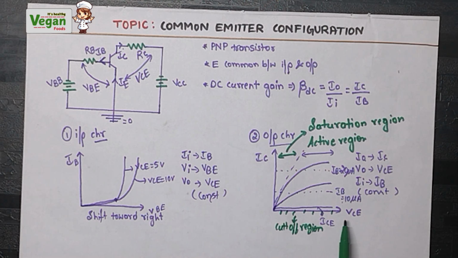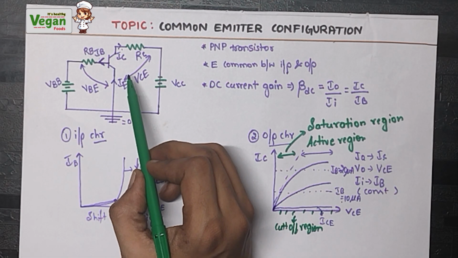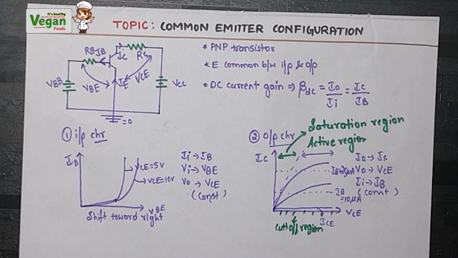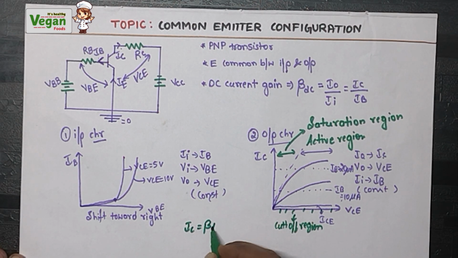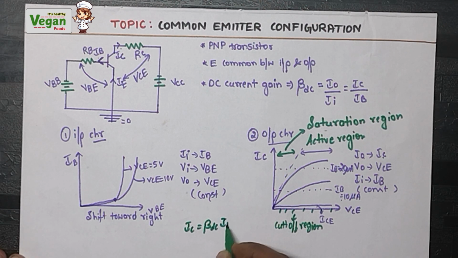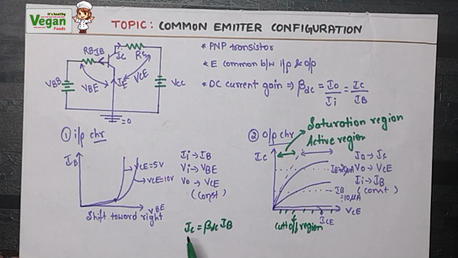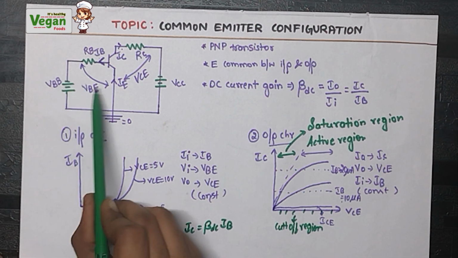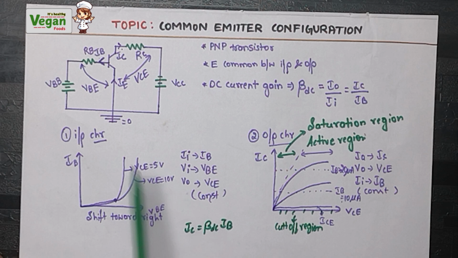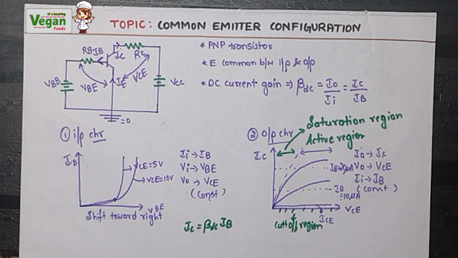This current ICE is produced because of the reverse biasing of the CB junction. Now if we look at the equation, IC is equal to beta DC into IB. So IC, the current at the output side, will be equal to the current gain, that is beta DC, into the current at the input side.